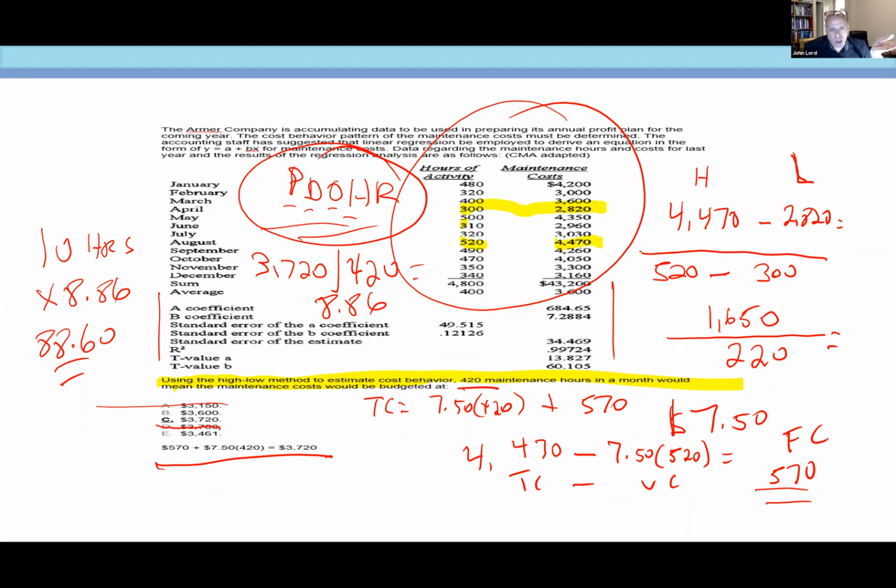More likely they might ask you to run a regression analysis or something like that. I'm going to let your data classes teach you that. I want you to know that once you get this number, this is how you use it. Okay? Question.